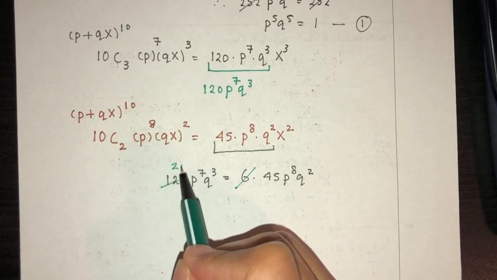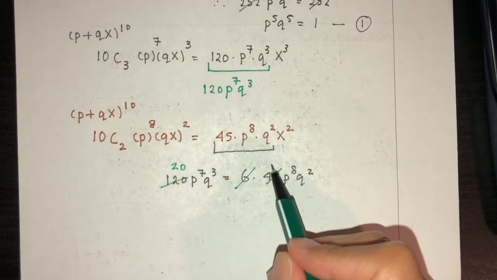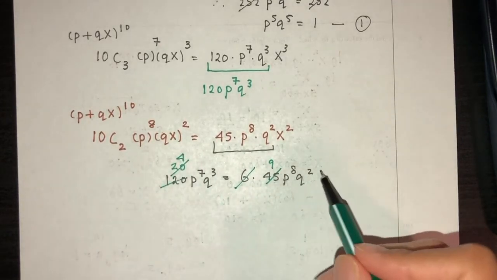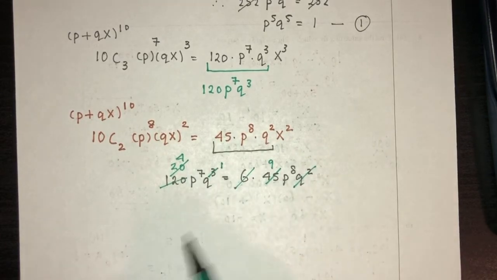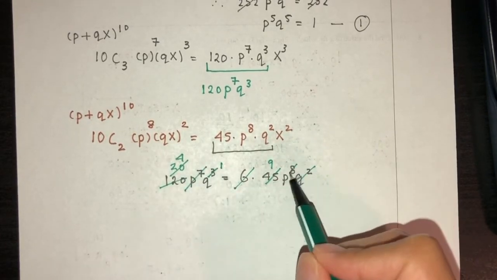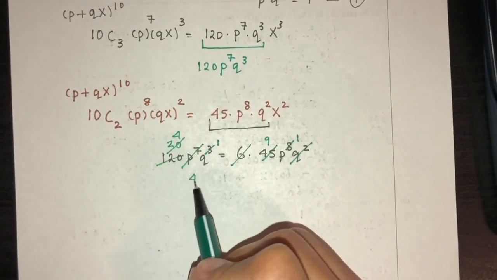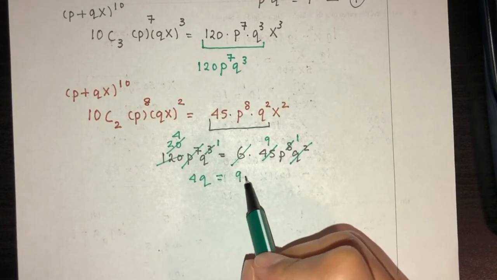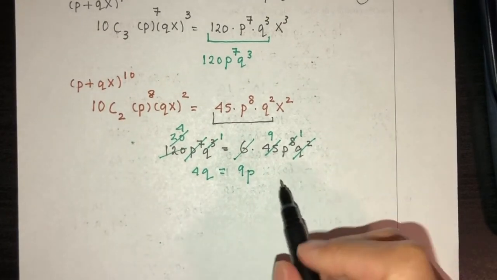This will be 20. Divide by 5, you will have 9. Here you will have 4. Now q can go away, q squared, you have 1 here. And this can go away, you will have 1 here. So if you compare, you will have 4q equal to 9p. That is what's remaining.